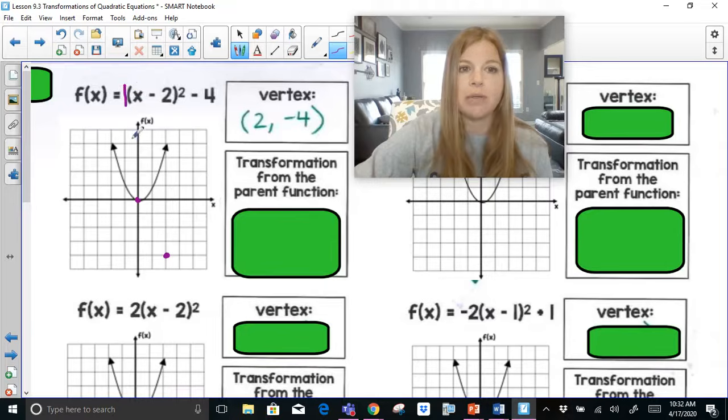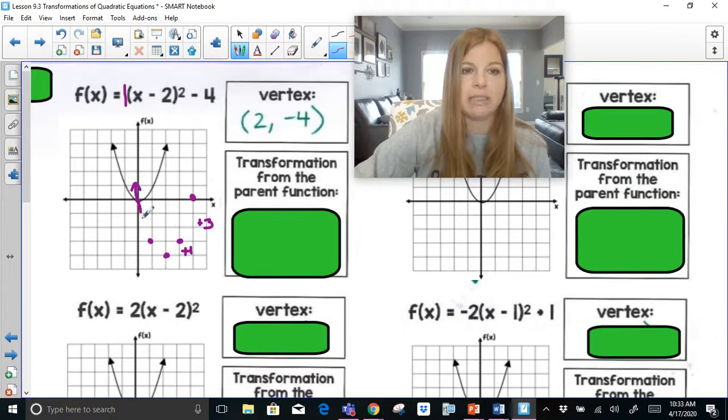But let's remember one thing as well. When your a value is 1, what that really means is that I go out 1, up 1. Remember that plus 1, plus 3, plus 5 rule? Well, it works here for graphing really nicely too. So I go out 1, up 1. That's my plus 1. Then I would go out 1 unit, up 3 units. That's my plus 3, just like we did in our tables.